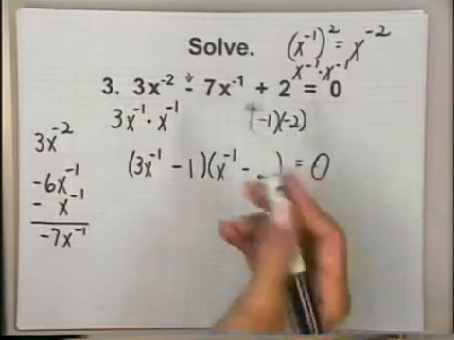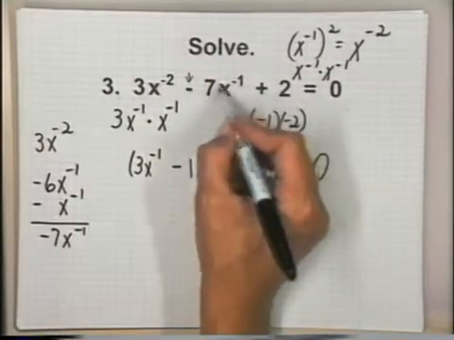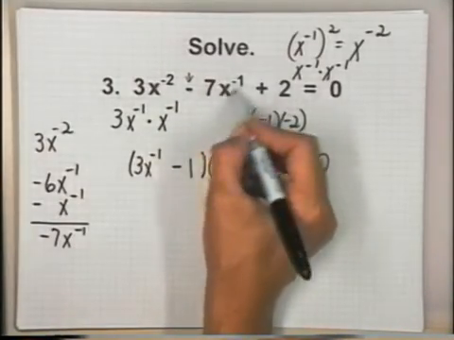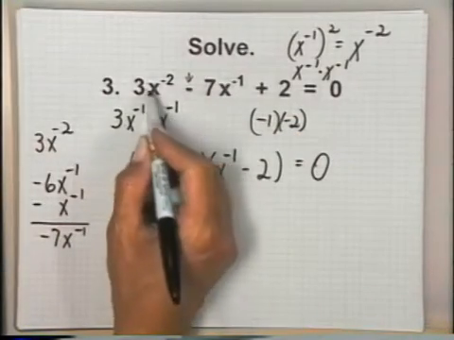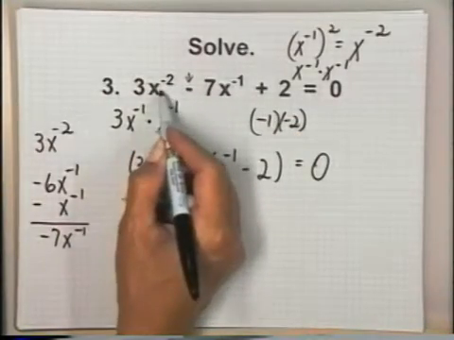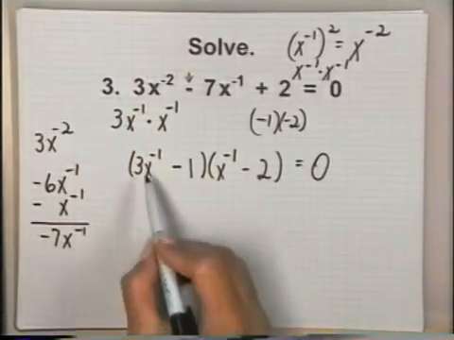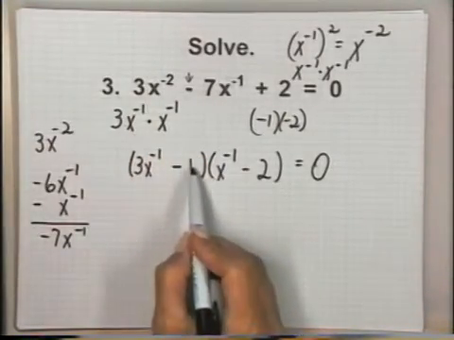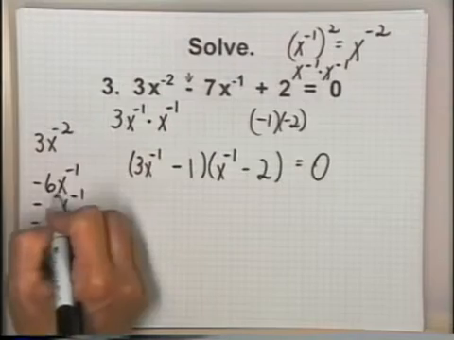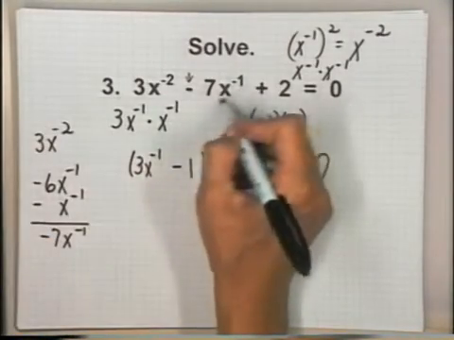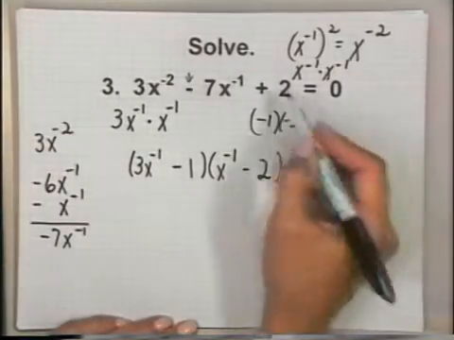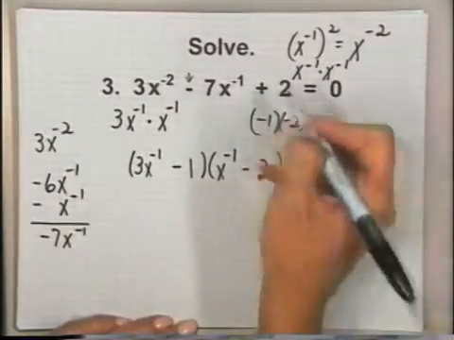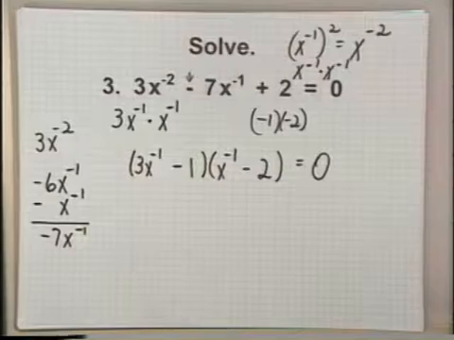Notice once again how important it is that I take the variable part of this middle term and multiply it times itself for the factorization of this first term, so that when I have outside product and inside product, the variable part of those terms is equal to that variable part of that middle term. Let's check last term. Negative 1 times negative 2 gives me a positive 2.